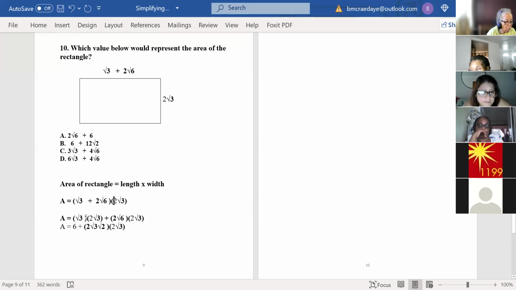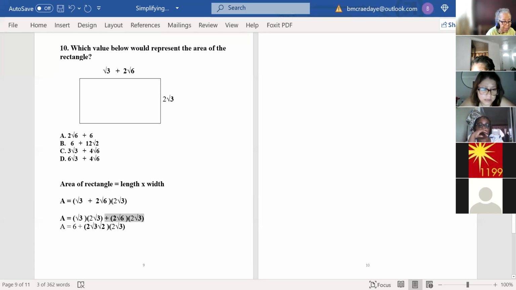Oh, okay. So I have my 6, right? That's from here. That's a 3 times 2 is 6. Okay. 2 times square root of 6, right here. How did I go from here to the next step? Square root of 6 has factors 3 and 2.